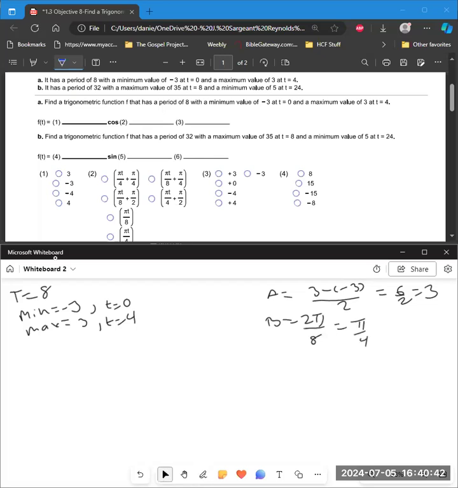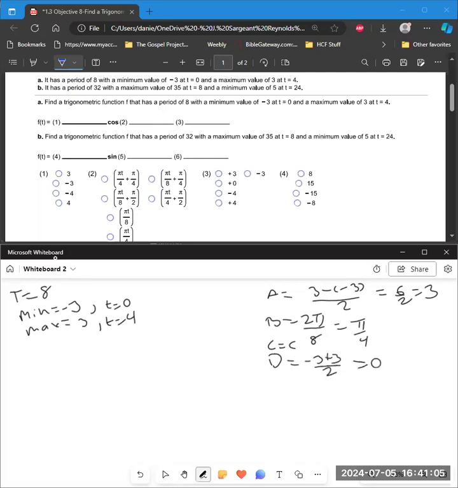These are the same no matter whether we use sine or cosine. I can find D as well. C we're going to solve for later. D is our max plus our min over 2, so that's going to be 0.